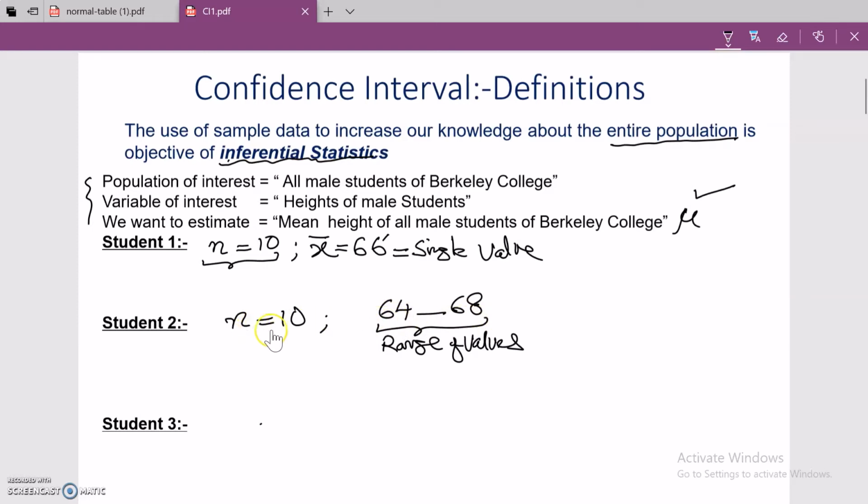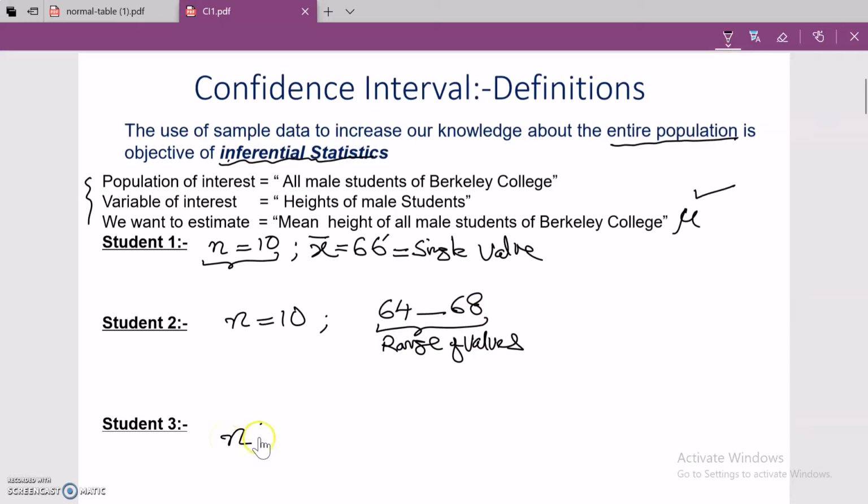He said, okay, from what I studied, I sampled 10 students, I did some math. Right now we're not worried about how he did the math. He gave an estimate, and that estimate is from 64 to 68 inches. Now look at what the third student came up with.